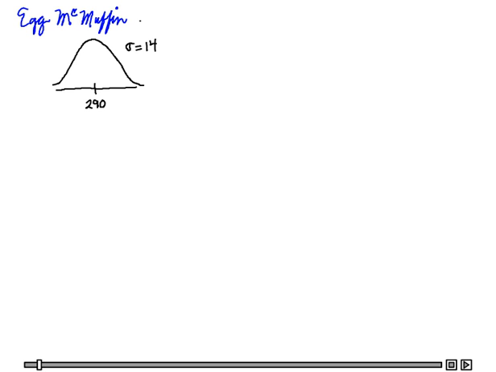So I can use the standard normal table to get probabilities of being in any subinterval of this random variable's distribution. So for question A, it says, what is the probability that a particular serving contains fewer than 300 calories? So the random variable x, representing the number of calories in the Egg McMuffin, is less than or equal to 300.